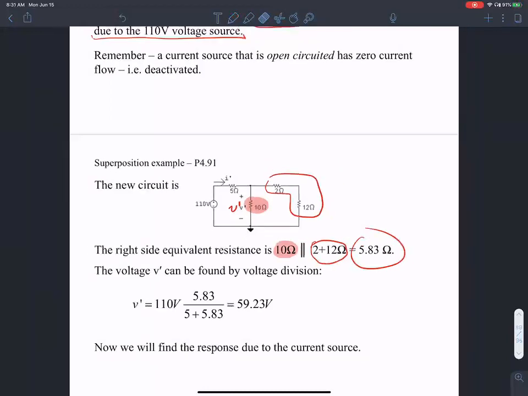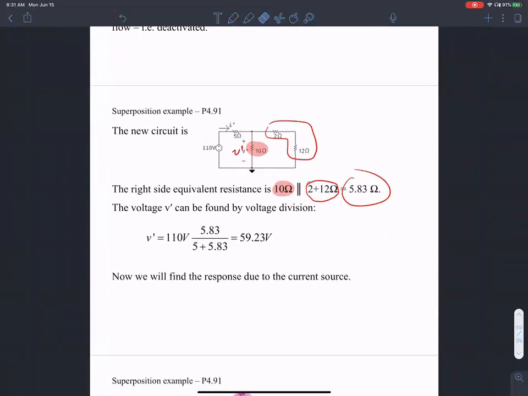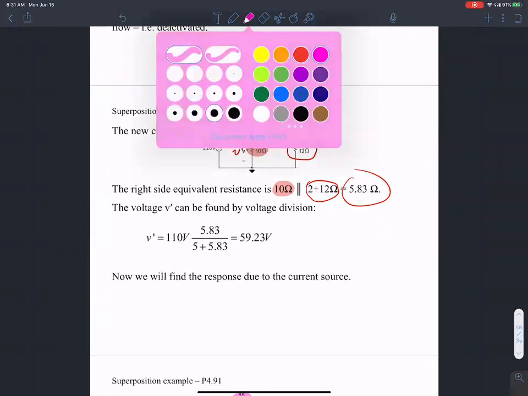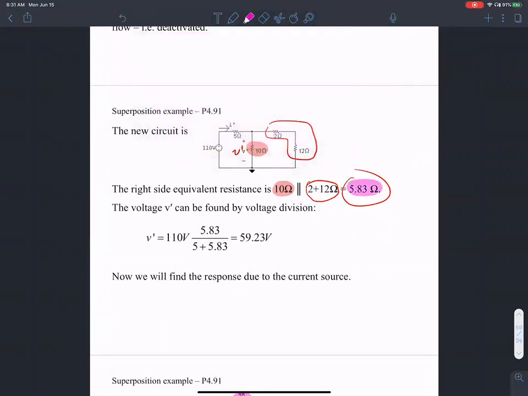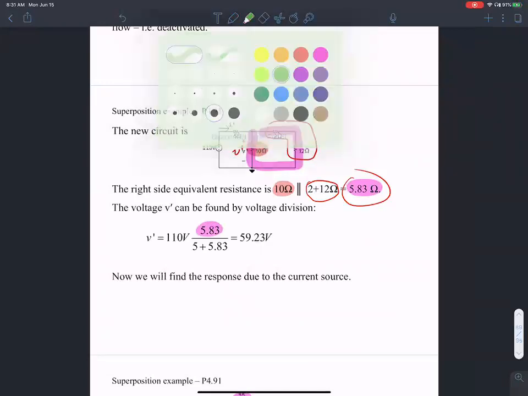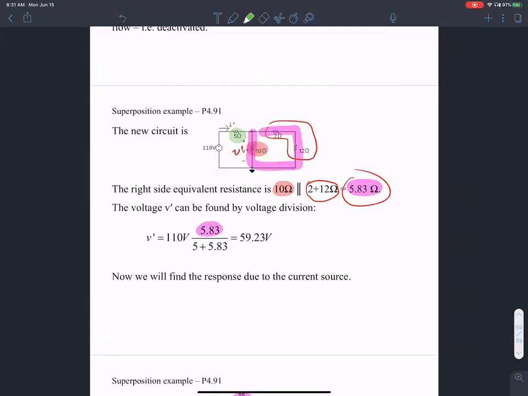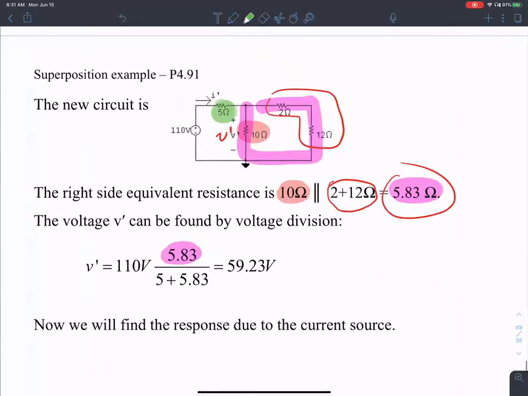Then it's a matter of finding V prime. In order to find V prime, all I'm doing is applying a voltage division between this one, which is the equivalent of all of that, and this one, that 5 ohm resistance.